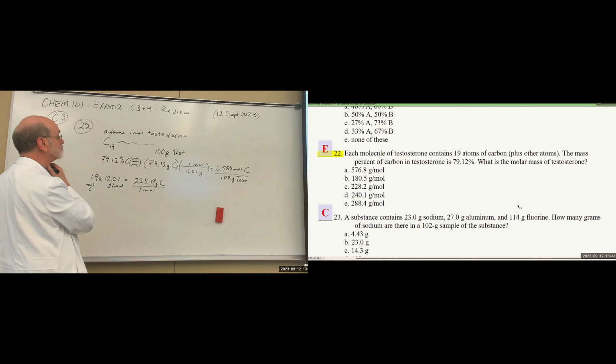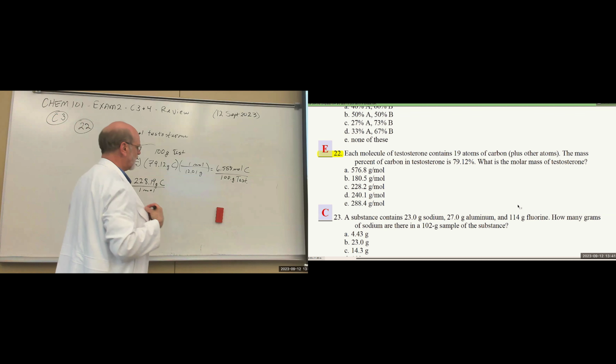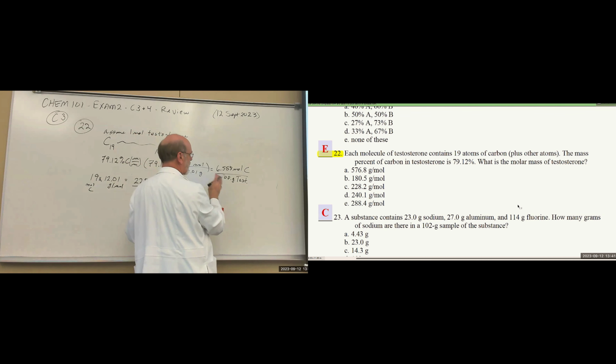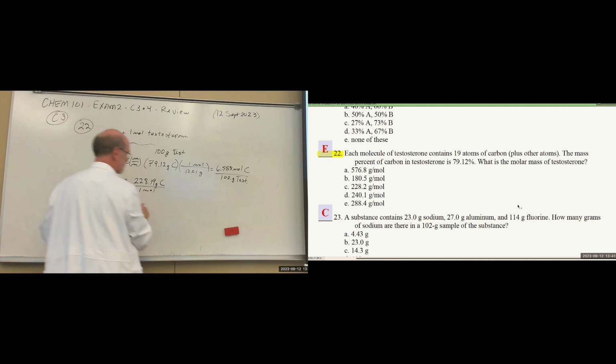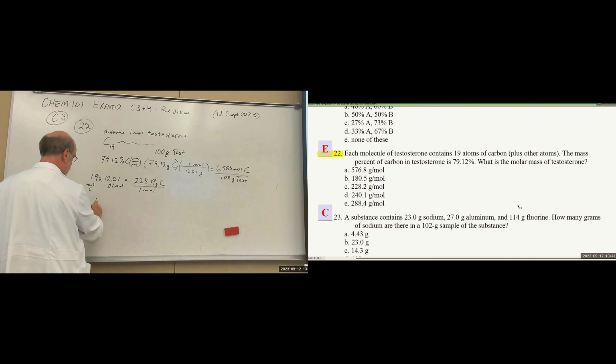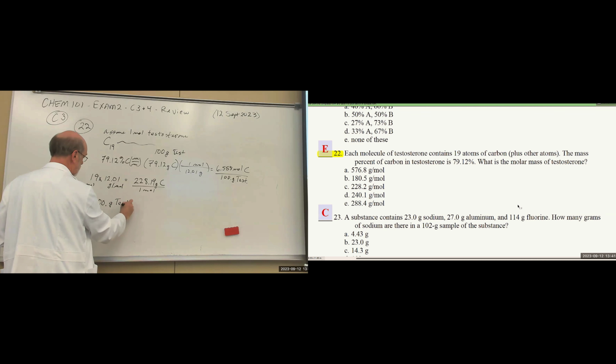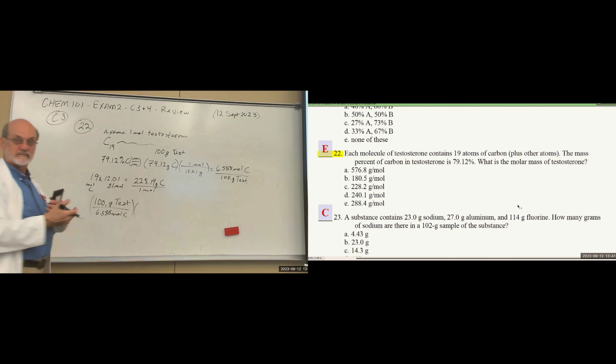How do I get from that to molar mass? I want grams of testosterone per mole of testosterone. So we can write it this way, right? That's an equivalence: 100 grams of testosterone per 6.588 moles of carbon. Correct?